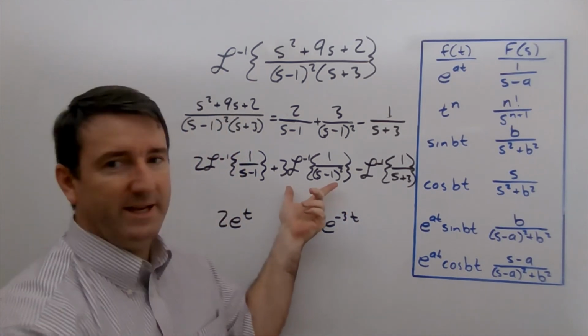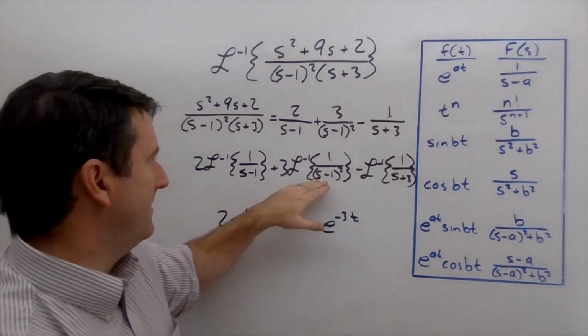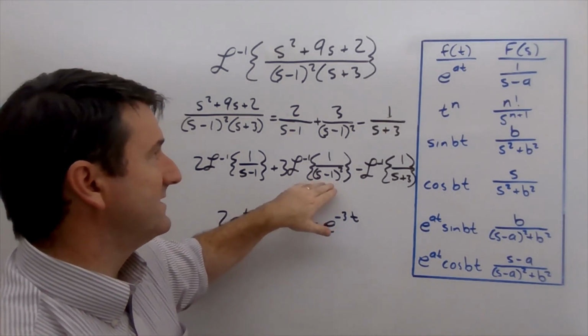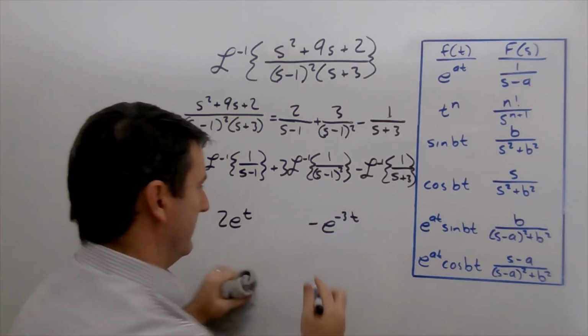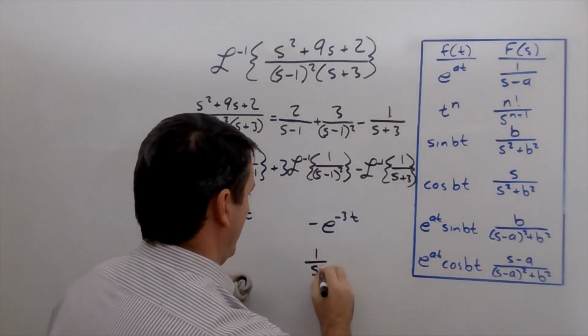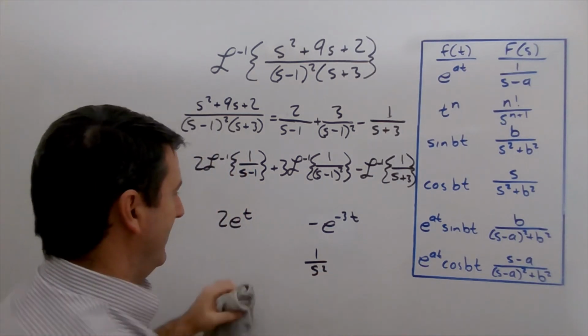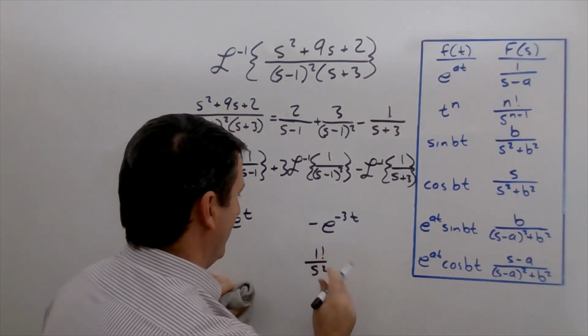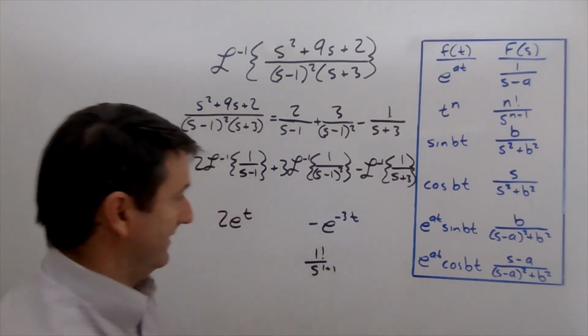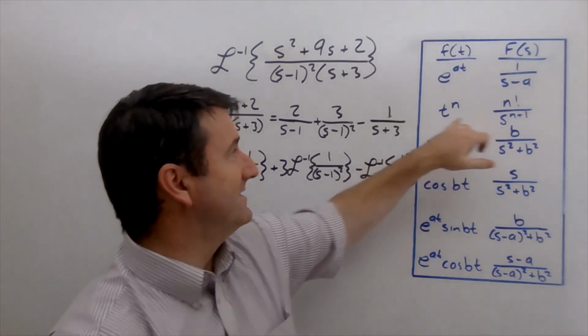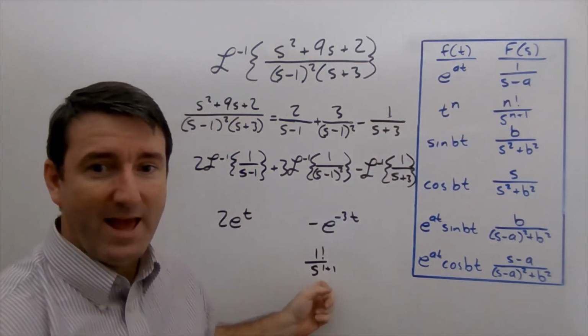And then this term in here, notice that we've got this squared here. If this were just s, this would be 1 over s squared. So 1 over s squared, we could write that as 1 factorial over s to the 1 plus 1, right? And we can see that that is just t to the n, where n is 1.